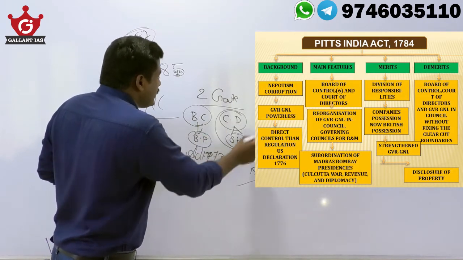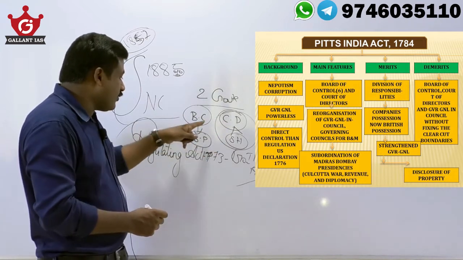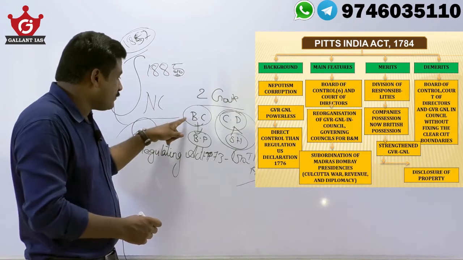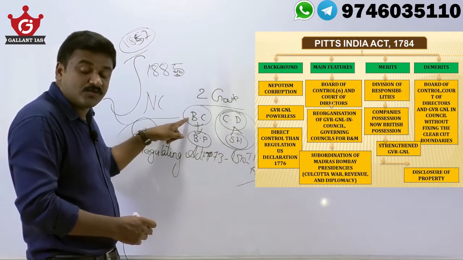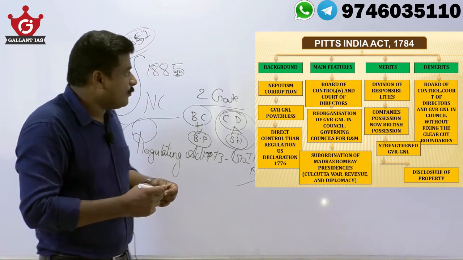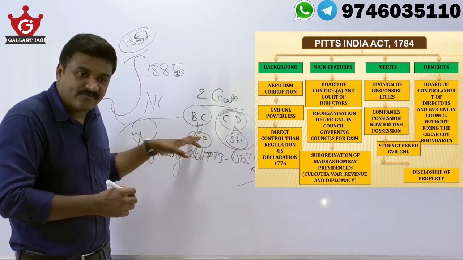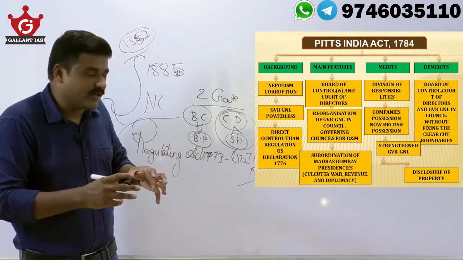To supervise the functions of the Court of Directors, a 6-member Board of Control was appointed by the British Parliament. So the Court of Directors are answerable to the Board of Control. The Board of Control with 6 members will take care of the political affairs of the company in India. The Court of Directors will take care of the commercial affairs of the company in India.